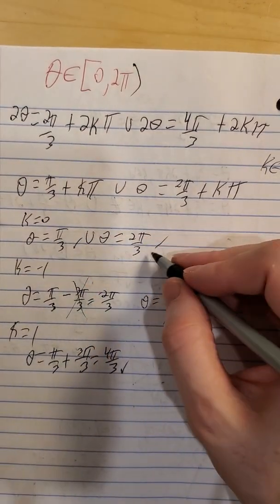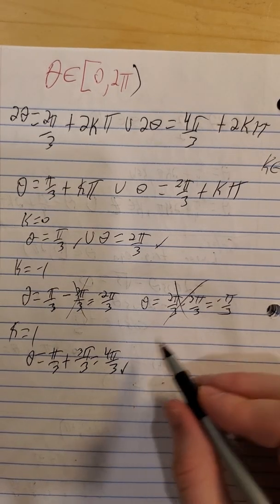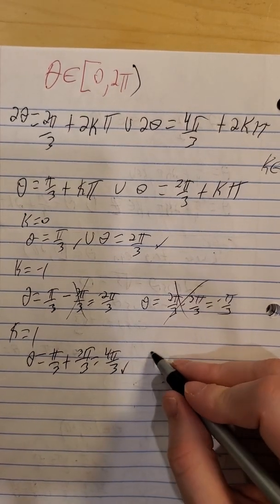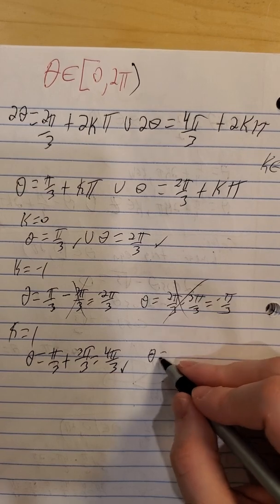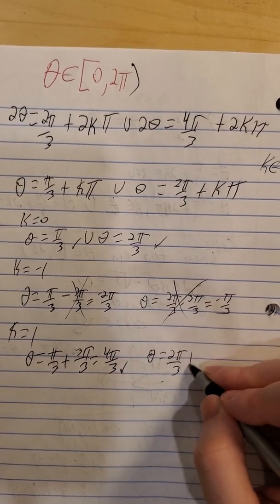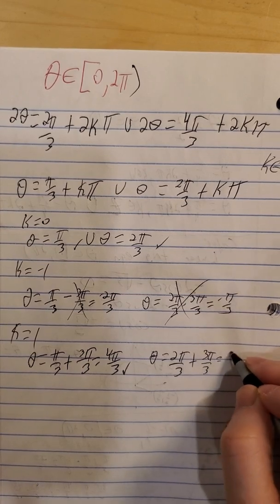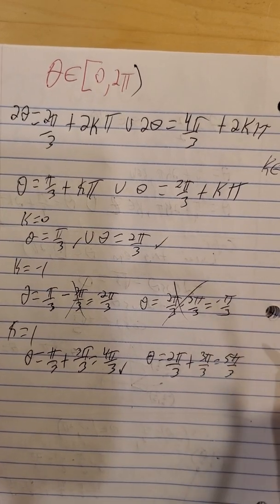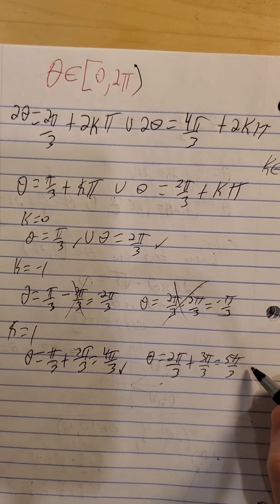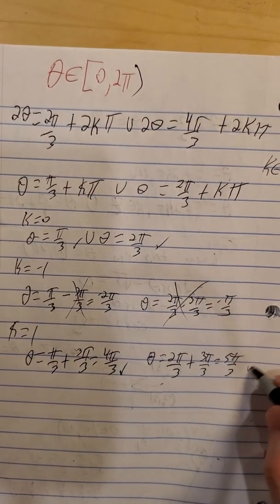I'll put little check marks by the ones we get to keep. Not official mathematical notation, just something I find handy sometimes. 2 pi over 3 plus pi, 1 pi would be 3 pi over 3, 5 pi over 3. Sure. That's before the 2 pi limit. We'll keep it.